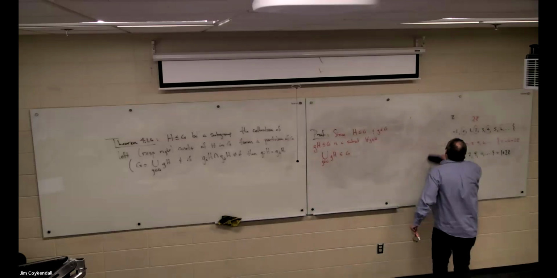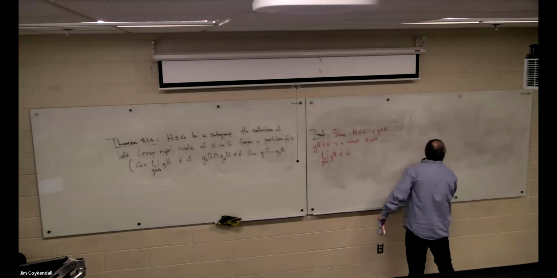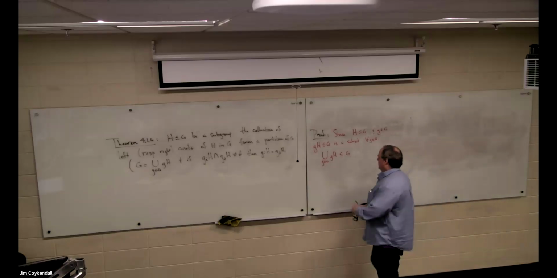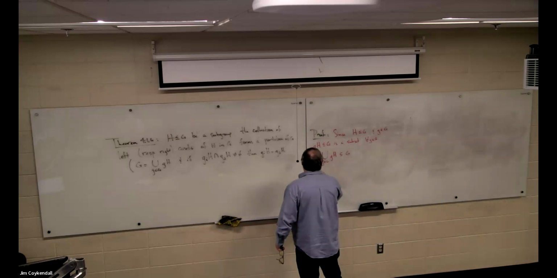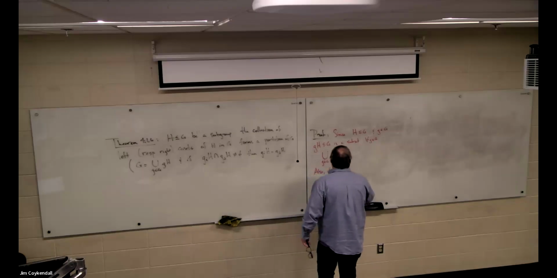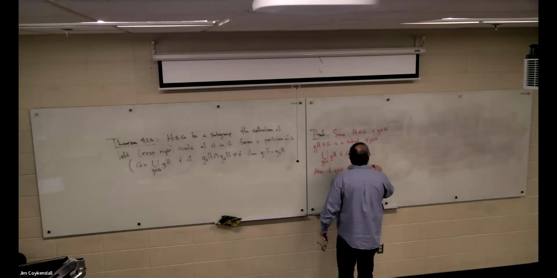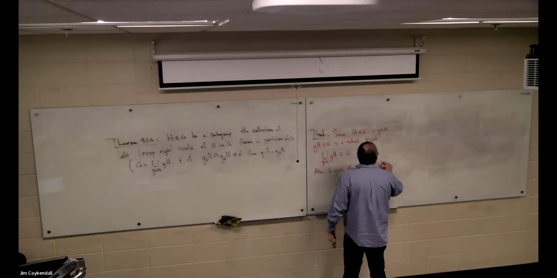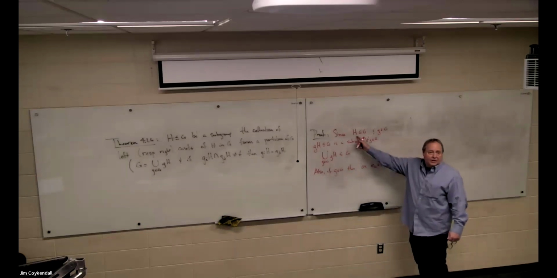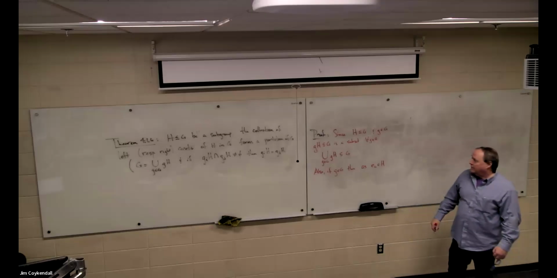On the other hand, let's push this a little further here. Also, if g is in G, then as the identity of G is in H, because remember, H is not just a subset, it's a subgroup.